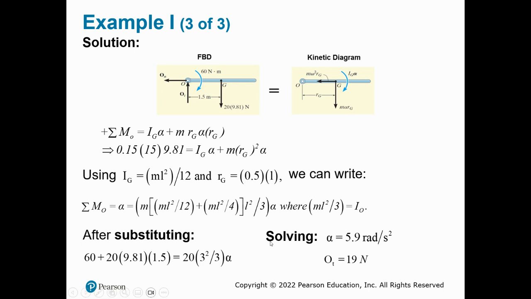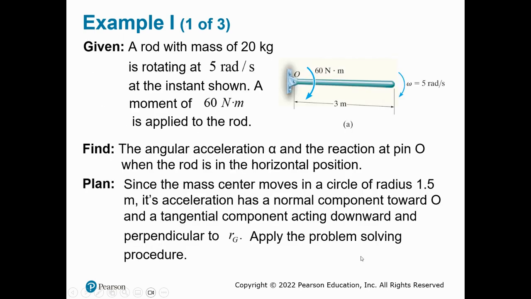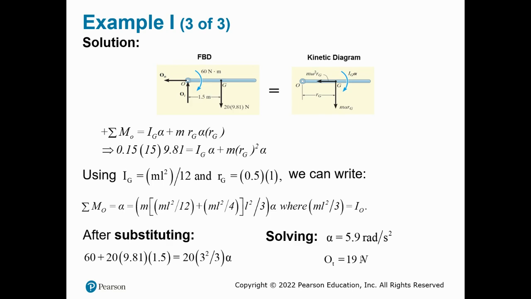Plugging all those in, we can solve our two unknowns, alpha and OT. ON we could solve as well, but since the problem is asking for the angular acceleration and the reaction at pin O, we are solving for alpha and OT, and ON is there as well if needed.